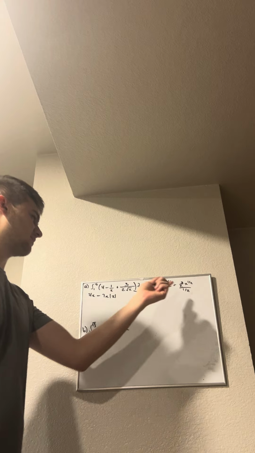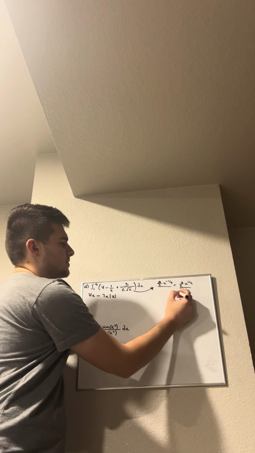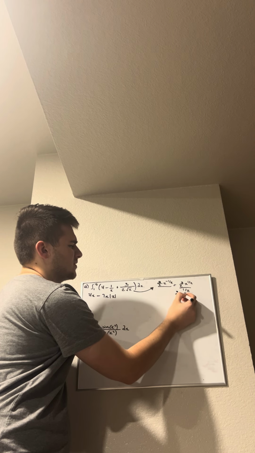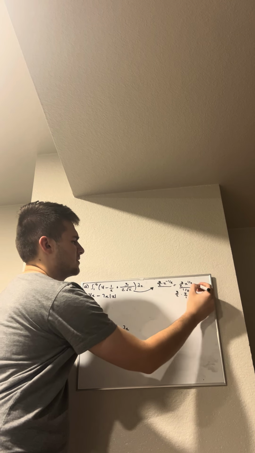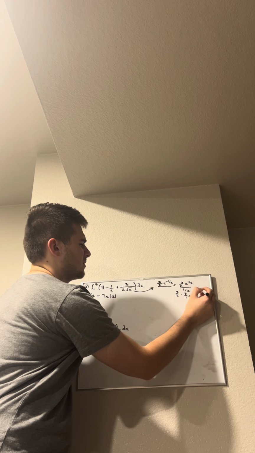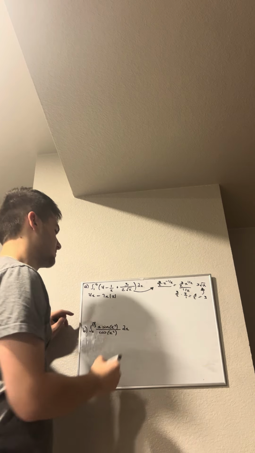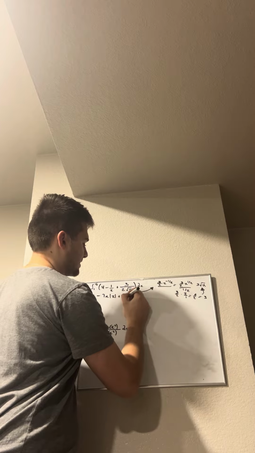Given that we have two fractions, we can just apply the copy dot flip. So we have 3 over 2 times 2 over 1, which equals 6 over 2, which just equals 3. So this expression will just lead to 3 root x. We can just rewrite this as 3 times root of x.